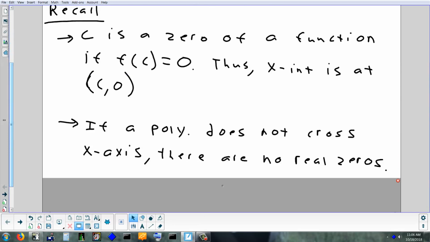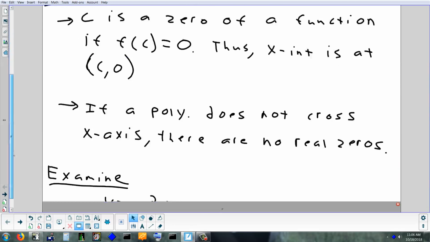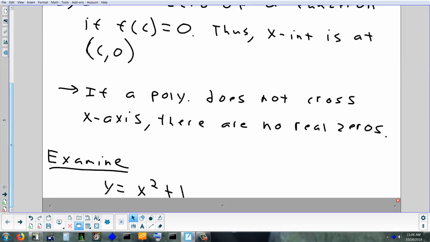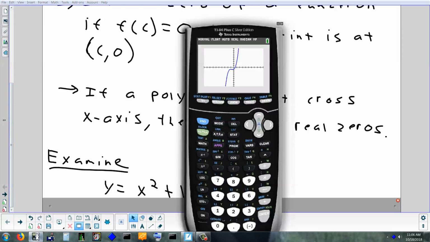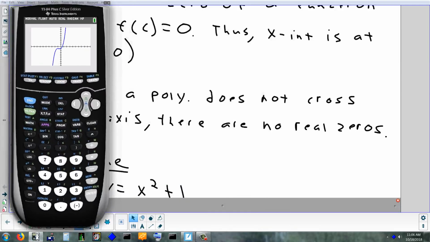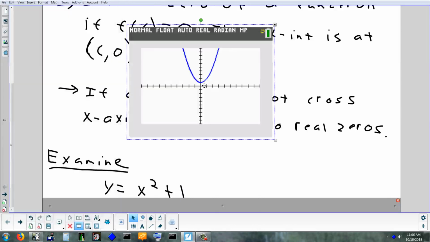So if you draw a polynomial like this one, x squared plus 1, let's see what it looks like. It's over here. So here's a picture of x squared plus 1. If you look at that graph, I'm just going to put it over here, I'll make it a little smaller.